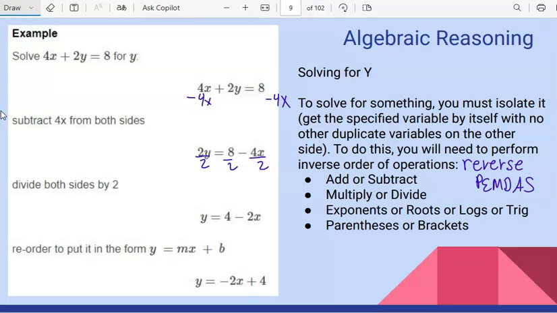Simplify the fractions so it becomes y equals 4 minus 2x. Reorder to put it into the form y equals mx plus b. So y equals negative 2x plus 4. The m represents the slope, and the b represents the y part of the y-intercept.